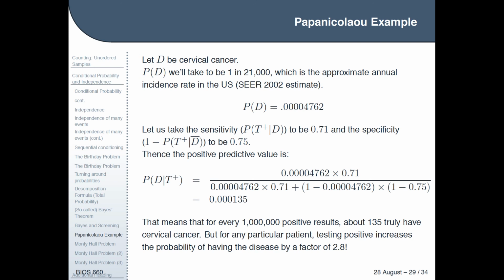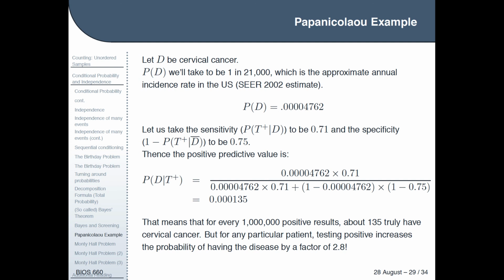And this occurs as a result of the fact that it's just a rare thing that we're screening for in the first place. So even though if your test is positive, you're much more likely to have the disease than if the test is negative, the vast majority of tests are going to be false positives, because the overwhelming majority of the people who take the test don't have the disease.